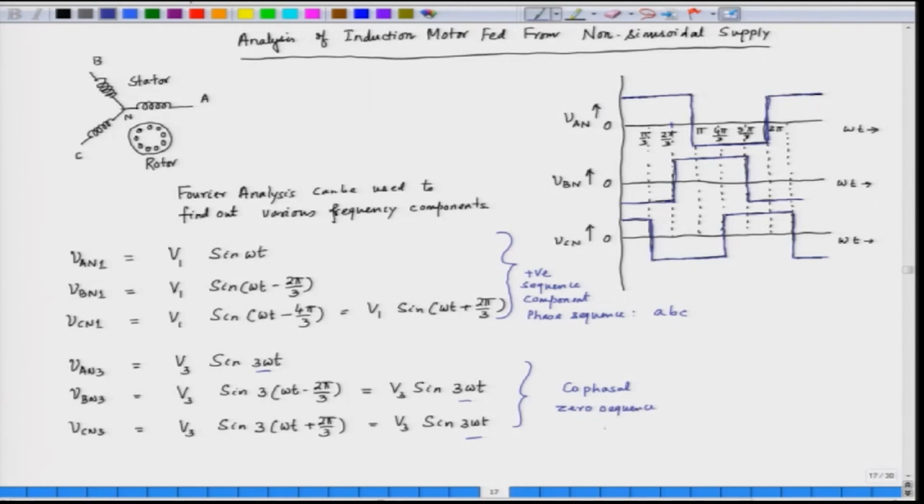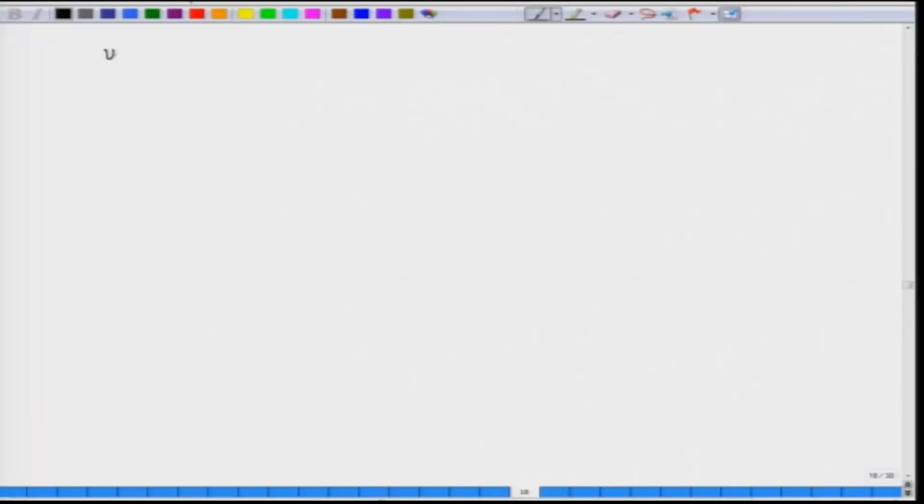Now, let us try to see the fifth harmonic. We have all the odd harmonics present here. The fifth harmonic will have this nature: VAN5. We can use the Fourier transform to find out the fifth harmonic amplitude, V5 sin 5 omega t.